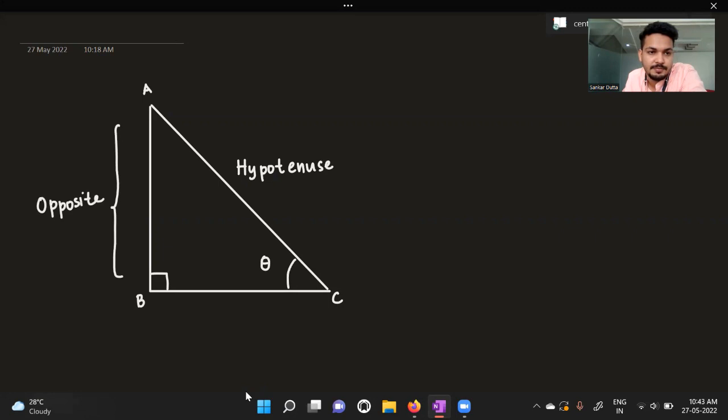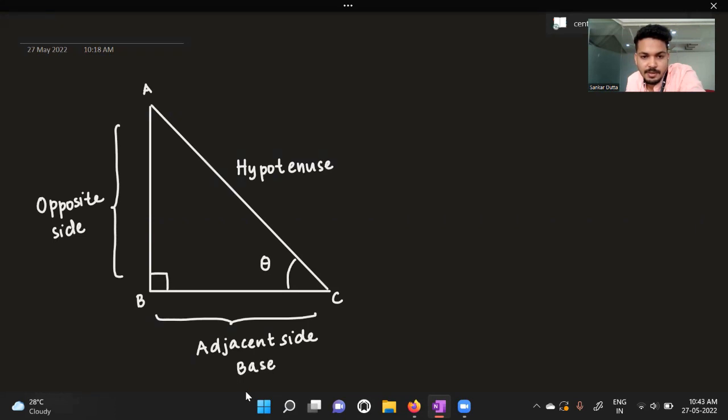And the side which is adjacent to theta, which is close to theta, is something that we call the adjacent side, or sometimes we also call it the base.